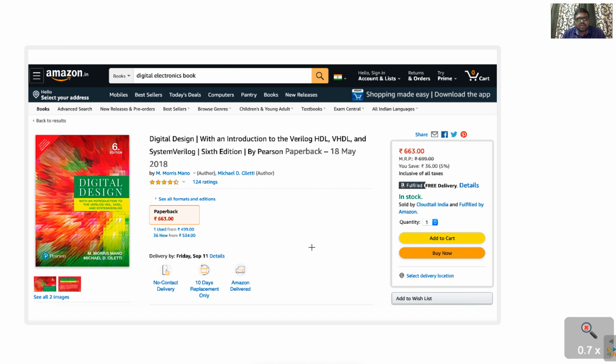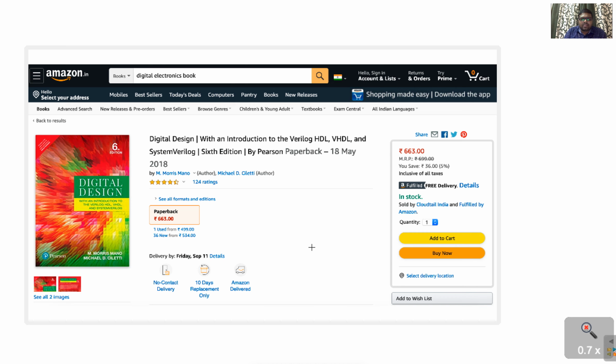Earlier this book mentioned VHDL coding programs, but now that is replaced by Verilog, SystemVerilog and VHDL. The updated book has three coding techniques in the textbook. So I think this is helpful for two courses, DEC as well as VLSI design.